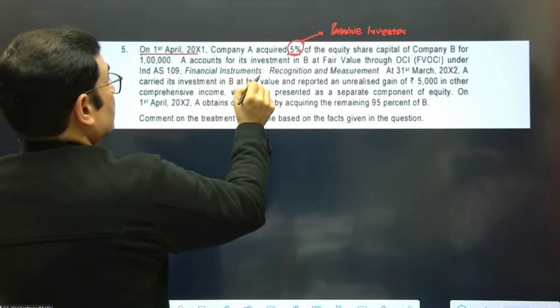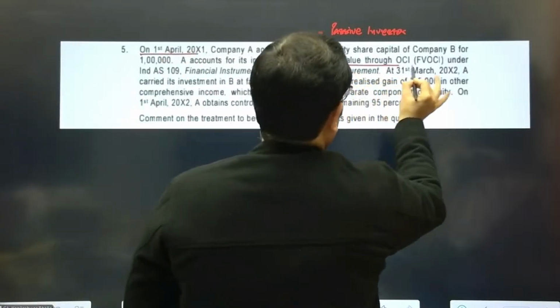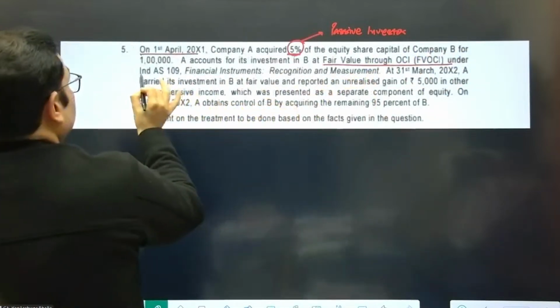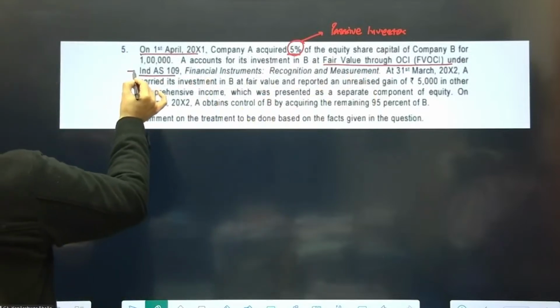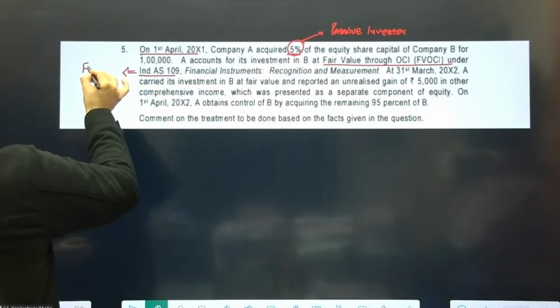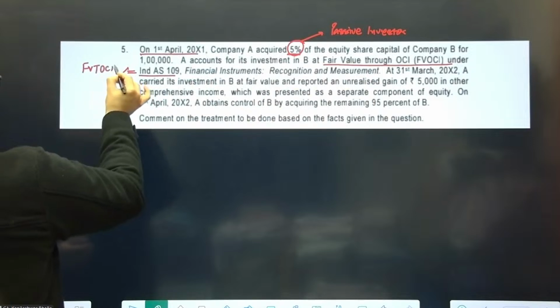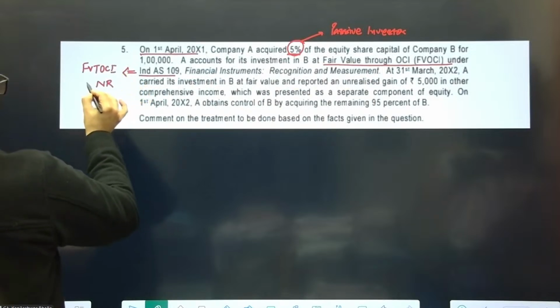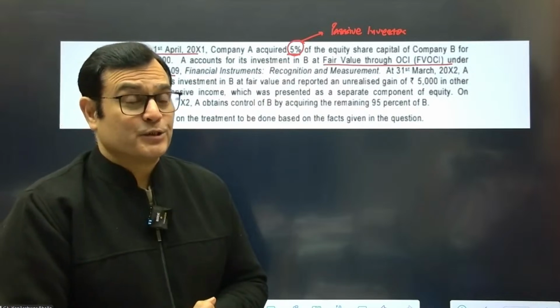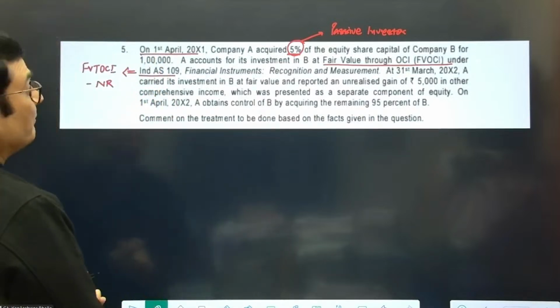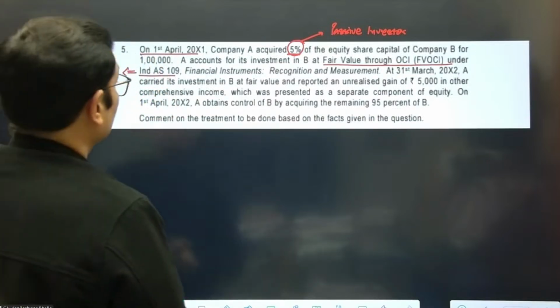A accounts for the investment at a fair value through OCI under Ind AS 109 financial instruments. He's very clearly given you that this investment is accounted at FVTOCI, which is with no recycling. So I think now my mind is very clear that this is a case of conversion of passive into control.